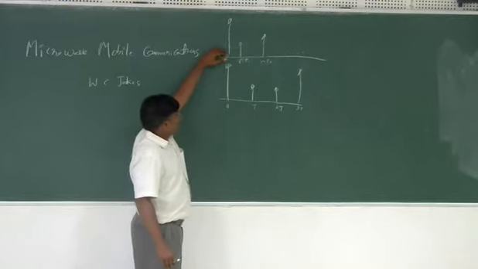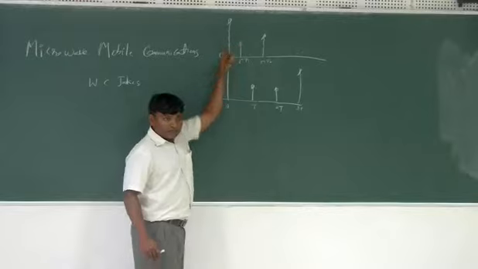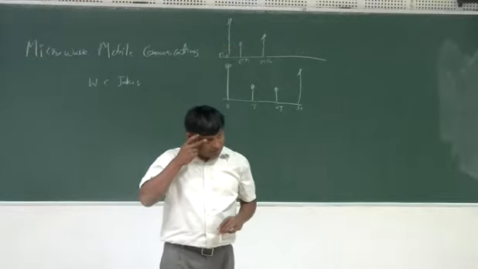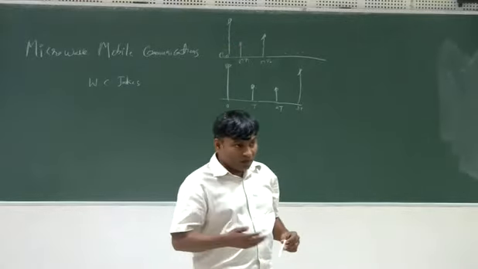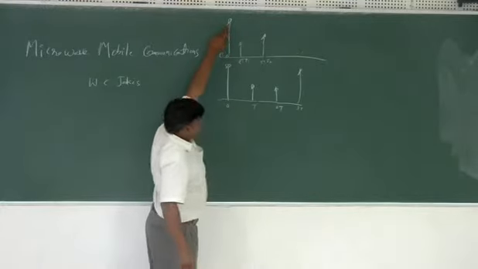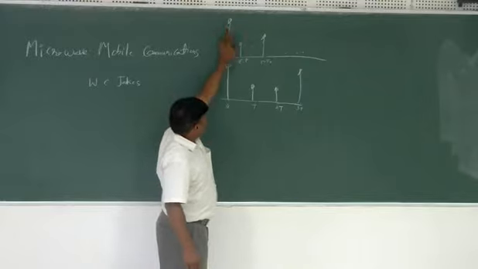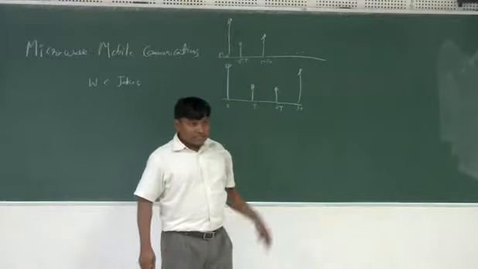How would you model it? We talk about one particular simplified model where we can possibly model this as a complex Gaussian random variable with 0 mean. All these taps can be modeled as such.